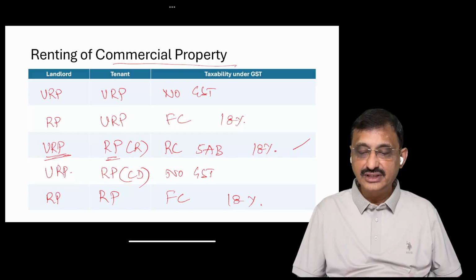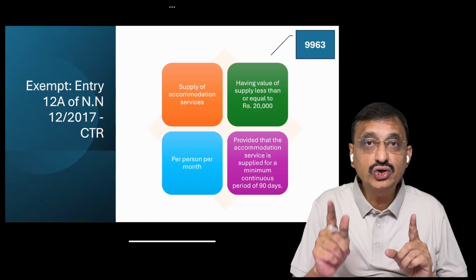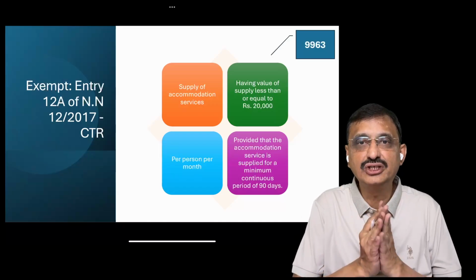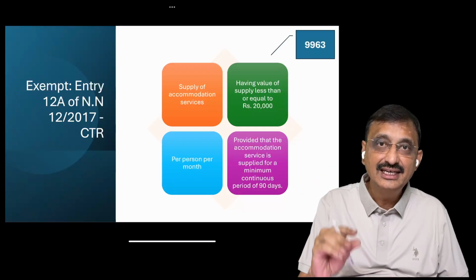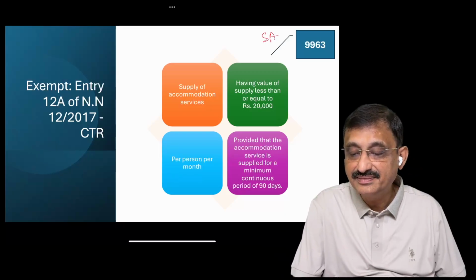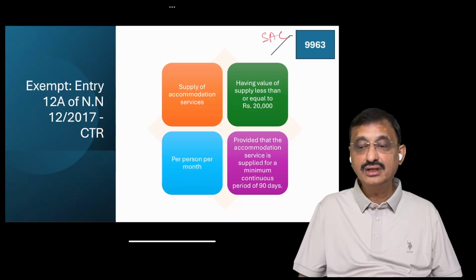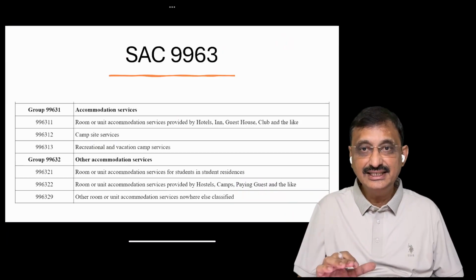Now we'll move forward to entry number 12A of the exemption notification. This entry number 12A deals with SAC code 9963. What is this 9963?